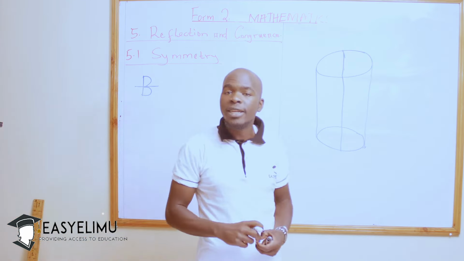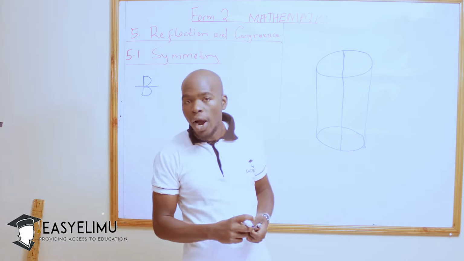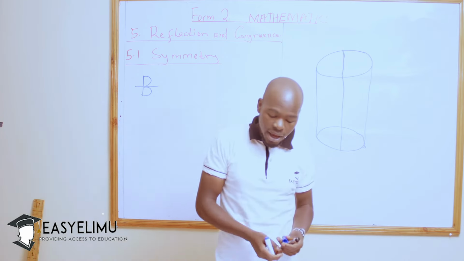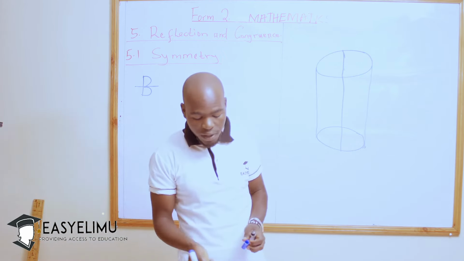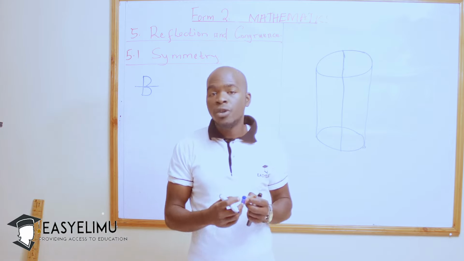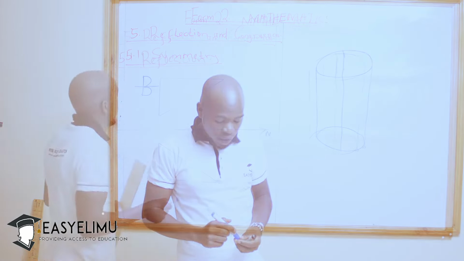The same applies to letter C. We have X, Y. We have some like E, H, I, K, M, O, T, U, V, W. Those are some of the letters in the alphabet which have lines of symmetry.